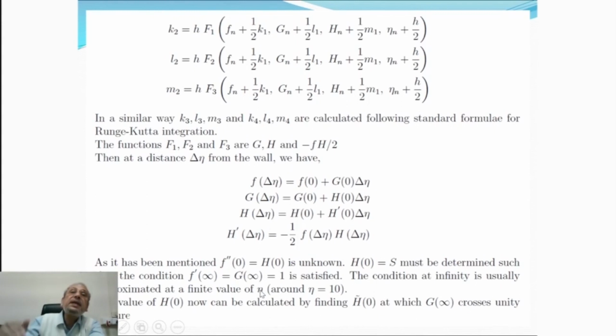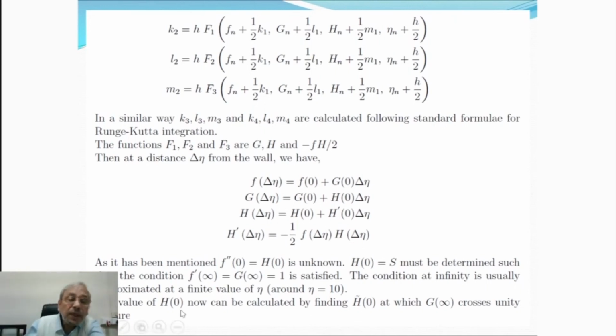Now here eta equal to 10 is a very large value. So we can perform the integration up to eta equal to 10 and then plot f, g and h, to be sure whether the solution has reached, and check if g infinity is 1. Asymptotically it will reach 1 and continue.